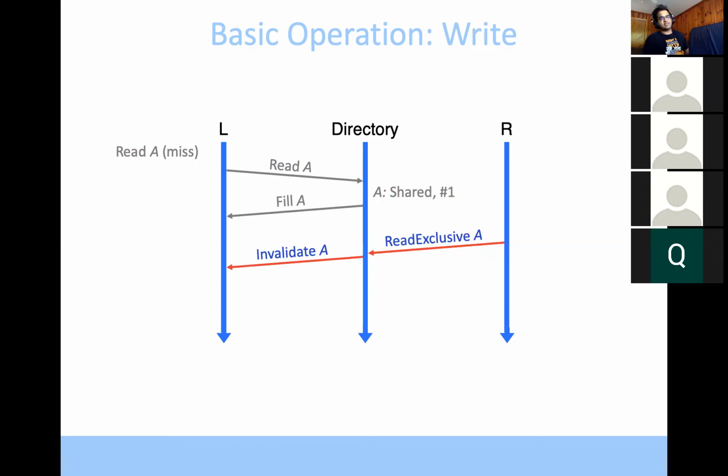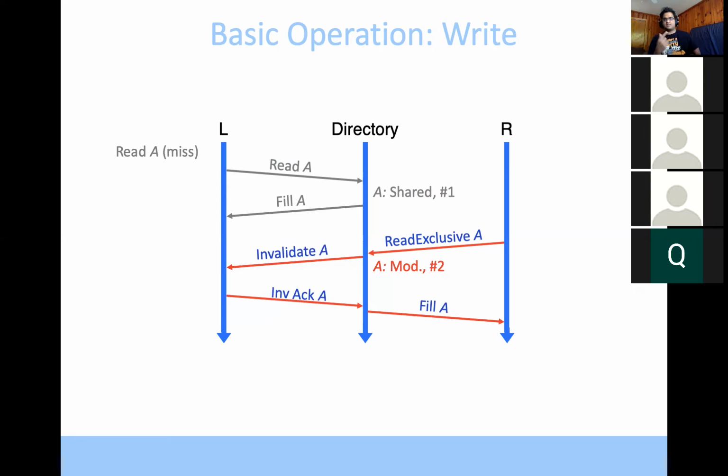The directory then sends an invalidate to L. L has to drop that value from its cache, and then you transition from shared by number 1 to modified by number 2 in the directory. You send back that acknowledgement, and once you receive the acknowledgement, you can send the value of A to R, and R is free to make any modifications it needs to.